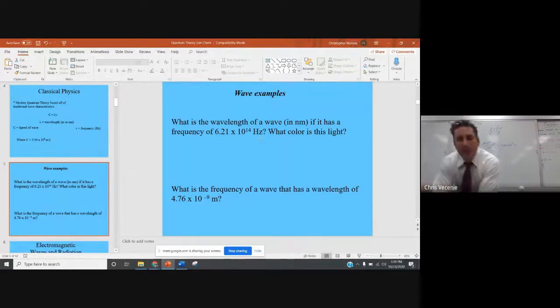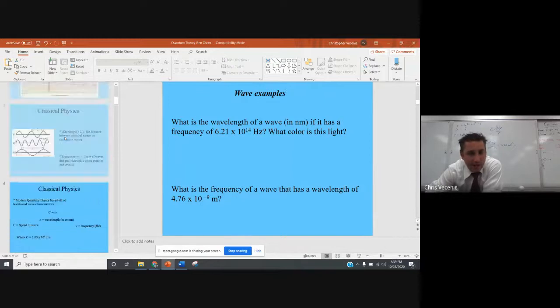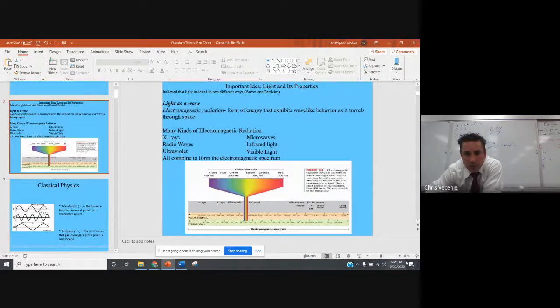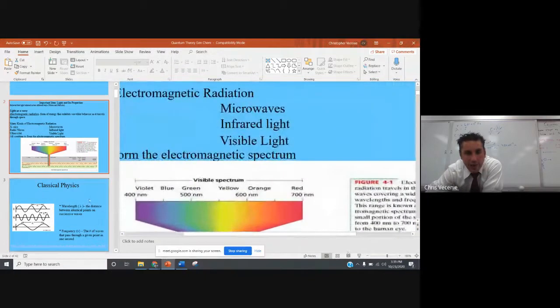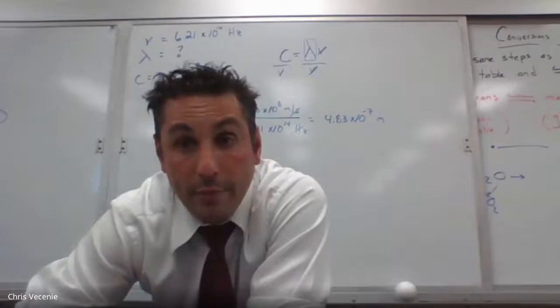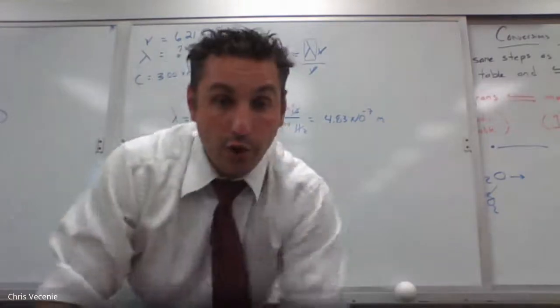And the reason they want it in nanometers is because if we want to get the color, look back onto this chart. If I zoom in to that color scale, what you'll see down here is 400 nanometers, 500 nanometers, 600 nanometers. So I need to get it in nanometers so I can compare it to my chart. And right now, we're in meters, so that's no good.